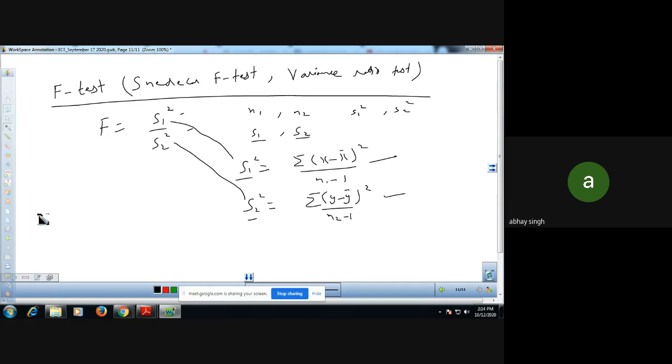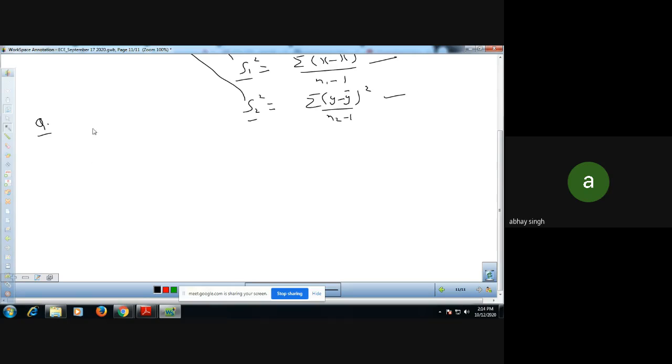Now, let us discuss the question. In two independent samples of sizes 8 and 10, the first sample has size 8 and the second sample has size 10. The sums of the squares of deviations of the sample values from the respective means are given to us as 84.4 and 102.6.